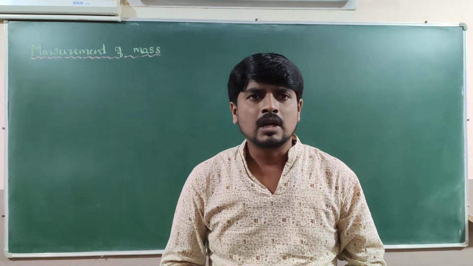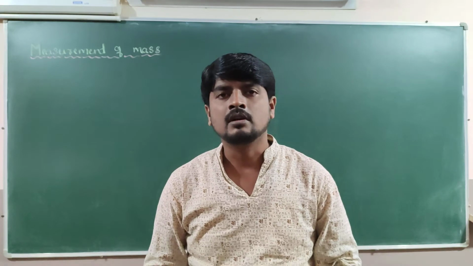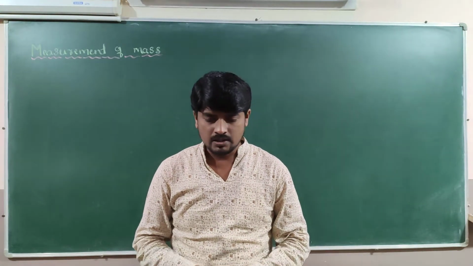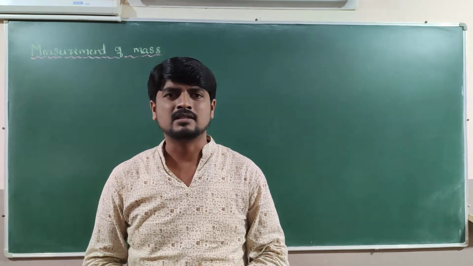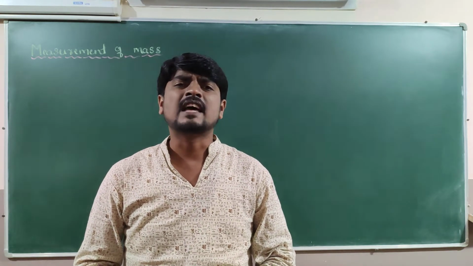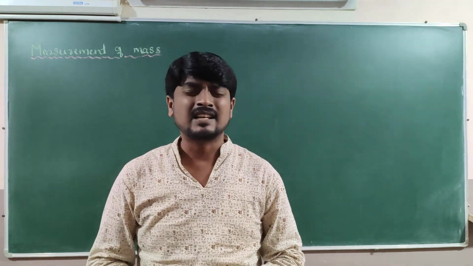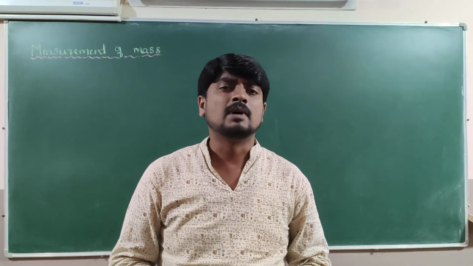We all know, if I want to measure the mass of my body, simply I will stand on a weighing machine, and that weighing machine will show the weight of my body or mass of my body. But the question is, how exactly are we going to measure the mass of different bodies? Let's say it is even possible to calculate the mass of the sun.